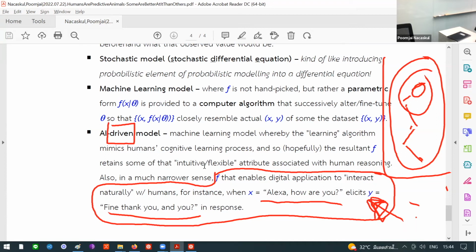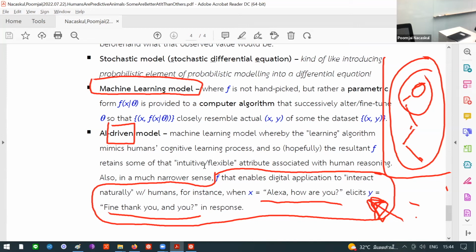But when I say AI-driven, I'm actually referring to a machine learning model, except within machine learning models, there are algorithms that are inspired by or based on some kind of mathematical or theoretical foundation. If the underlying approach is based on a function that has the flexibility, the intuitiveness of a human being.